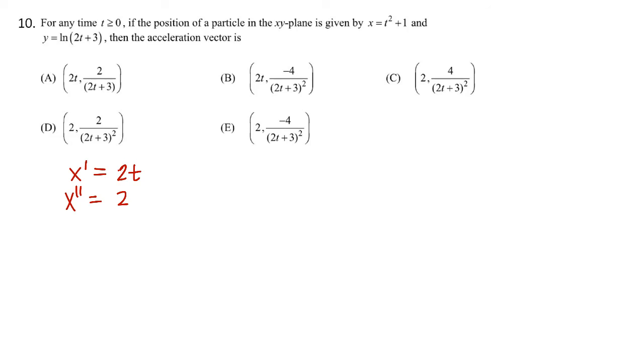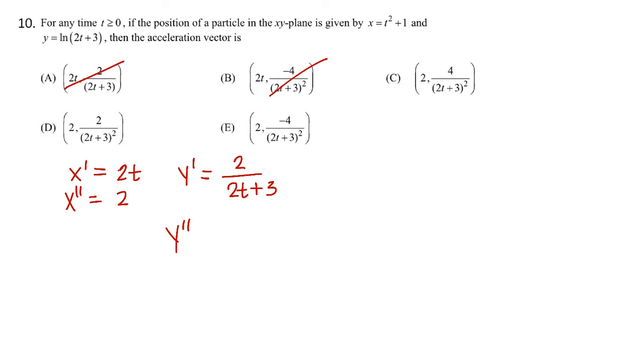So that's going to eliminate A and B. So now let's find the second derivative for y. So the first derivative, stuff prime over stuff, so that's going to be 2 over 2t plus 3. Well, all right, well, that's not too bad. Now, let's see, can that eliminate an answer choice yet? No, it doesn't look like I can get rid of anything just yet.